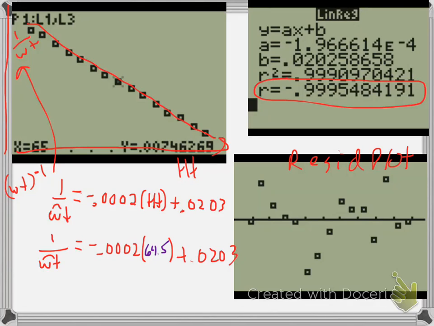So when I do that, I get the reciprocal of the predicted weight is about 0.076. So if I want the weight, I'm just going to put this to the -1 power, which is the reciprocal. Okay, so when I do that, I'm going to get the predicted weight. I'm just going to type it here on the calculator.